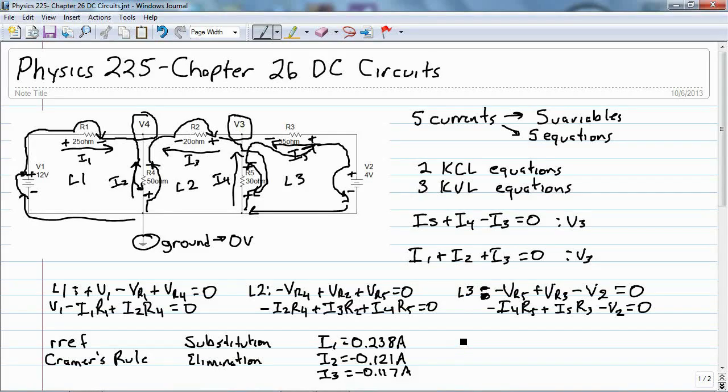I4 is equal to negative 0.123 amps, and I5 is equal to 5.594 milliamps. So this is how you solve the circuit.